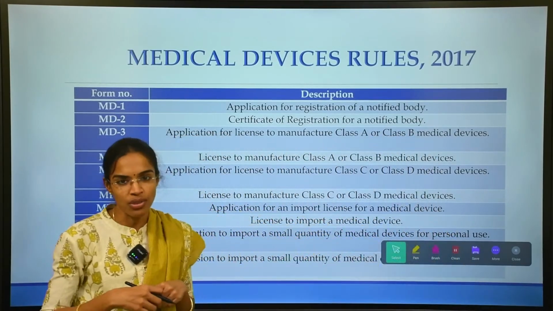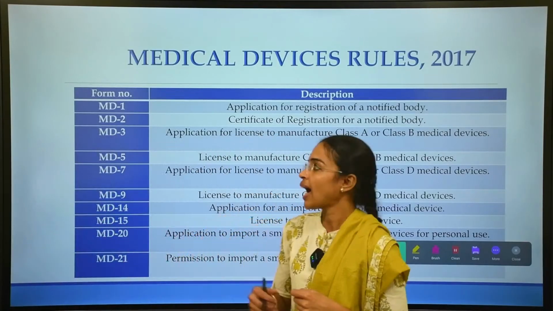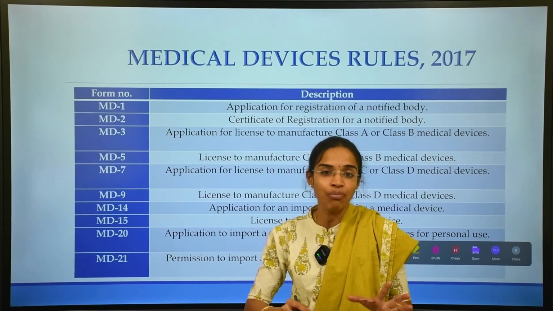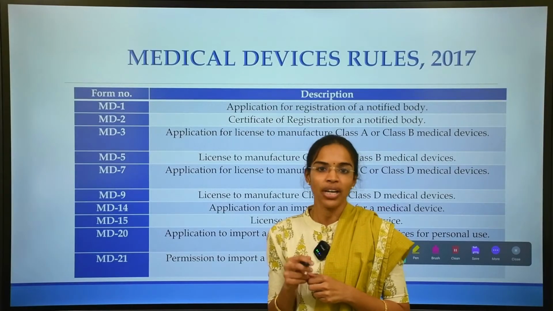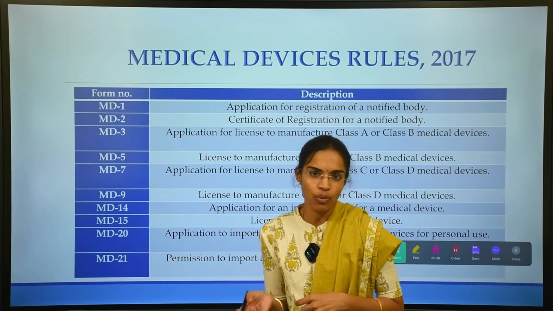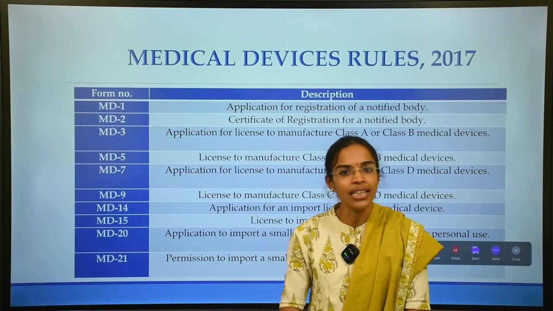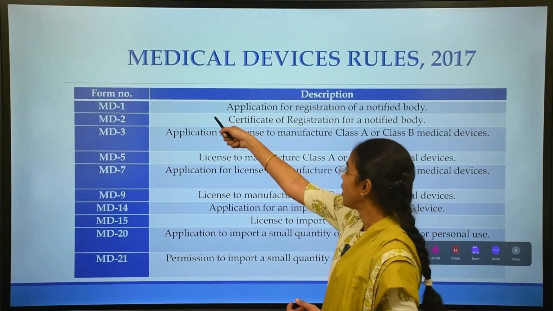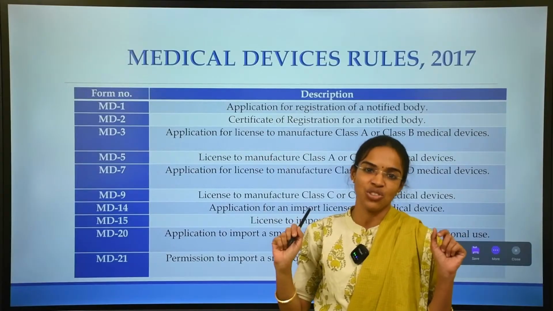Some few forms here I have mentioned: MD1 and 2. MD1 and 2 are about the registration of a notified body. Very important. All the forms are mentioned as MD, medical device form, like MD1 and MD2. MD1 and 2 are related to the registration of notified bodies, whereas MD1 is the application for registration and MD2 is the license for registration.